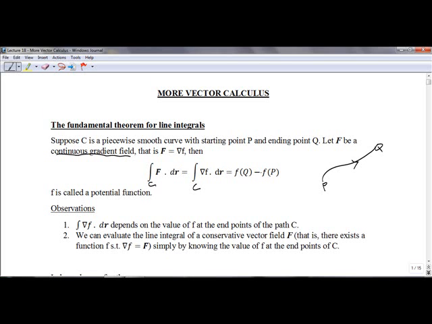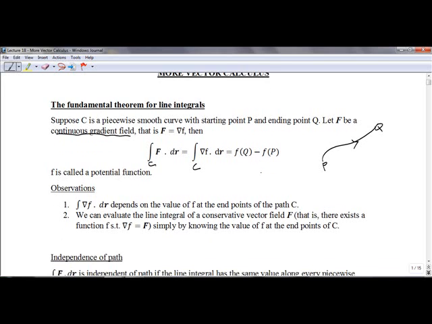From this formula, there are certain observations we can make. To find this line integral of a vector field, it only depends on the values of f at the endpoints. Now remember the last time we looked at the line integrals of vector fields, it was quite a long formula, right?